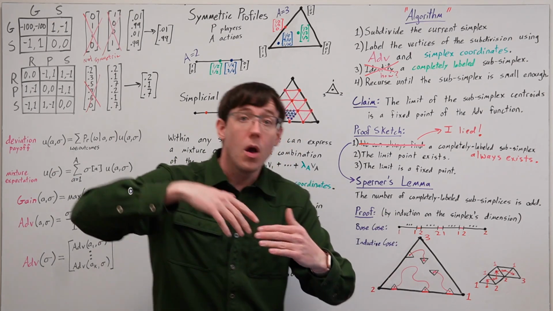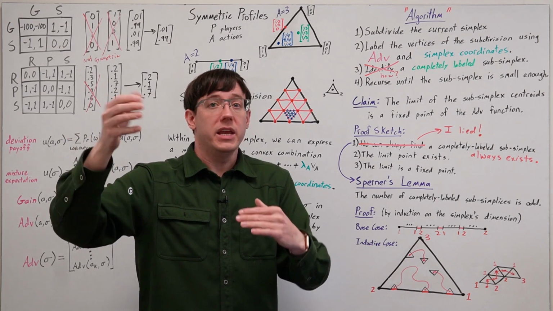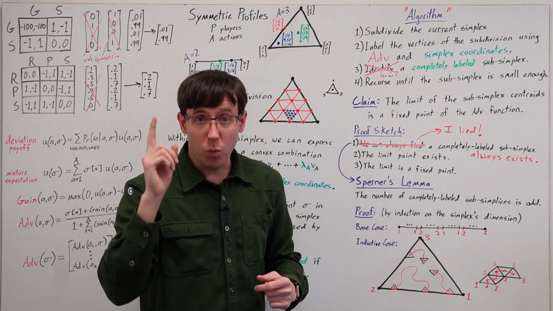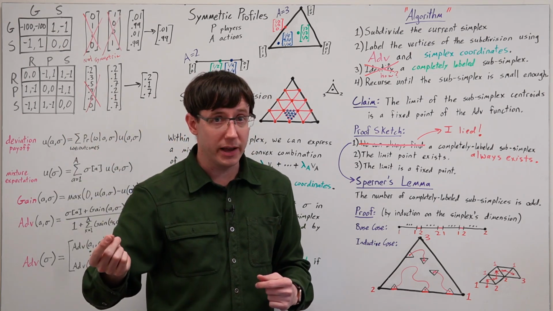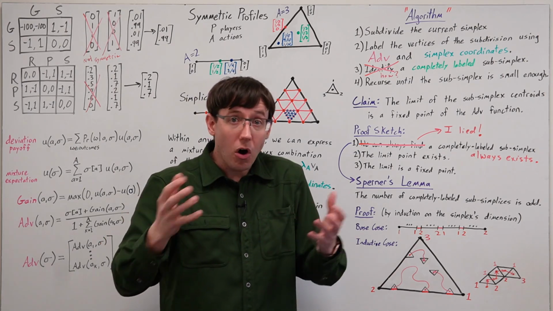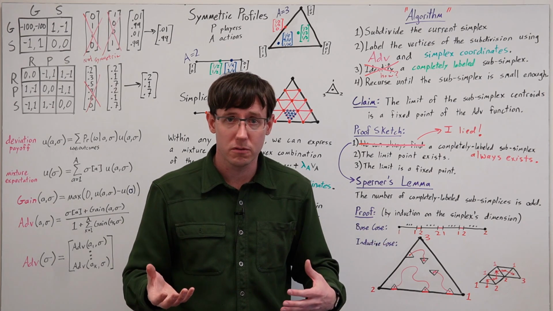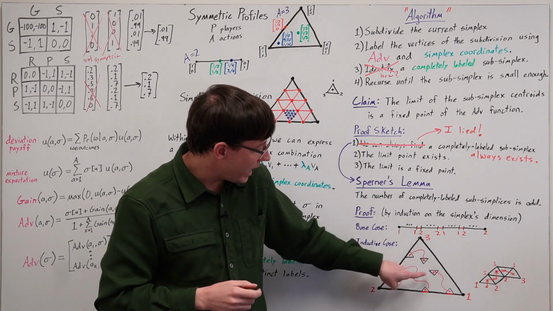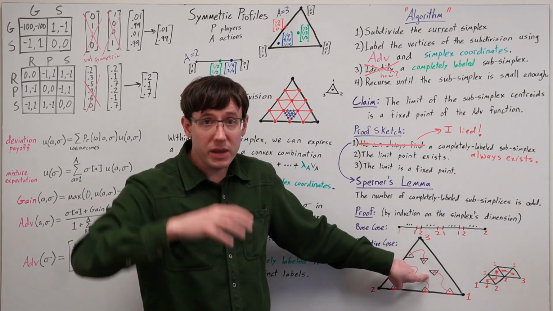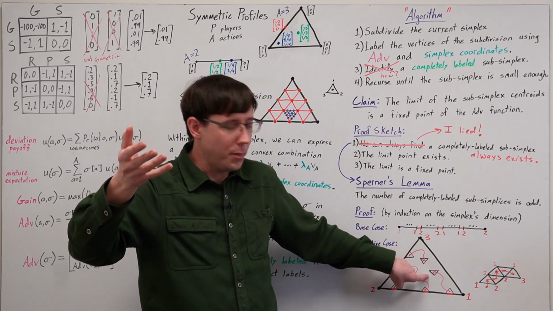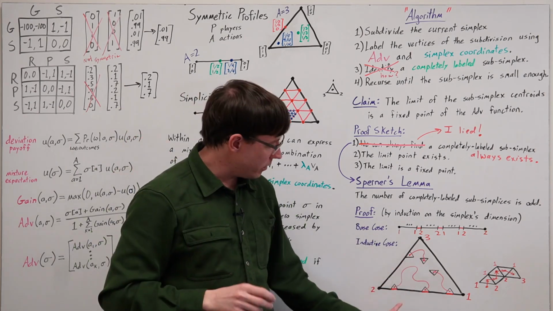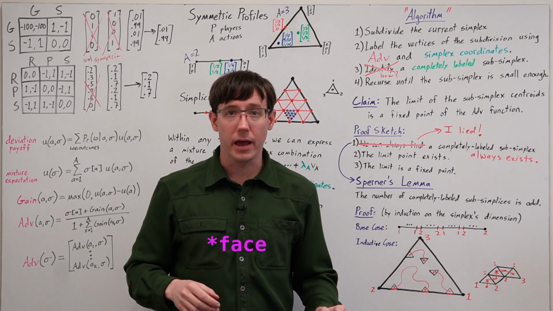And when we go one more dimension up, if we want to even be able to find one completely labeled subsimplex, we have to have all of the completely labeled subsimplices on one of the faces. If we only have this one, then it might be that one dimension up, this leads us to one of the walks that comes back out the edge.